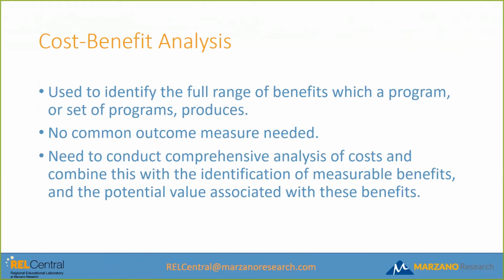Well, that program may do a number of different things. It may not only improve graduation rates of students, but it may have other benefits such as improving the retention of teachers or improving the learning environment of the school, and then also may have some longer term benefits such as improved life outcomes for the students participating in the program.